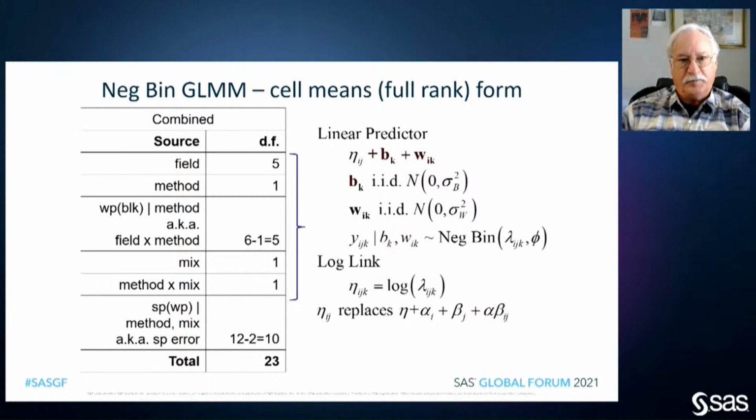For reasons that will become apparent as we work through this example, it's actually better to work from a Bayesian point of view with the cell means form of this model. So what we do is I've let eta sub ij replace the eta plus the method, mix, and method by mix effects that were spelled out separately in the previous slide.